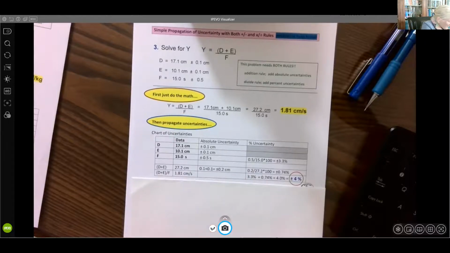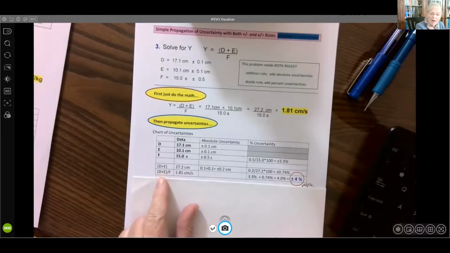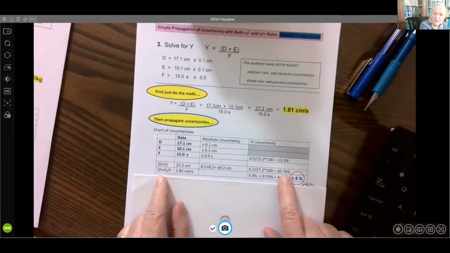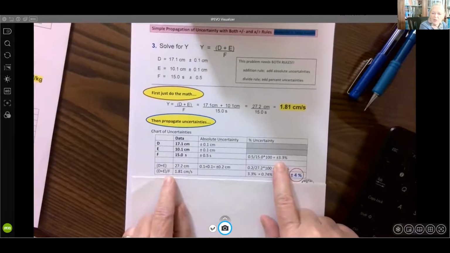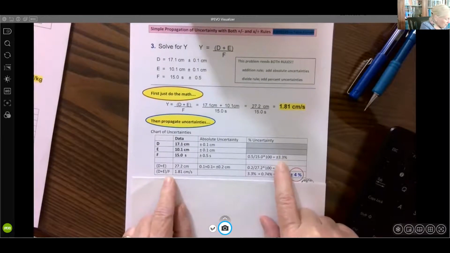Now, the last calculation, I have to ultimately take this value of D plus E, which has a percent uncertainty of 0.74, and divide it by F, which has a percent uncertainty of 3.3. I could have dropped that to 1 sig fig. It doesn't matter. Don't worry about sig figs.